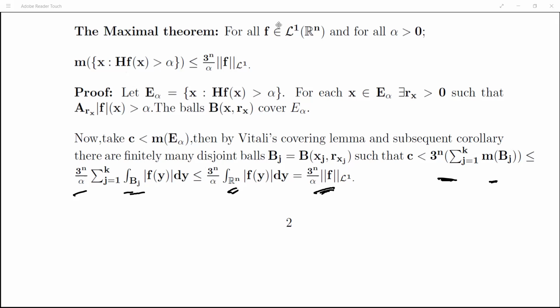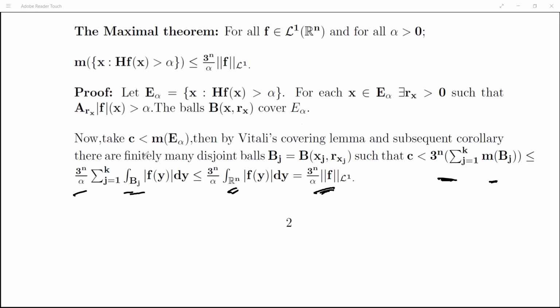Hello, Soumyadev. Yeah. So, are you assuming that this measure of E alpha is greater than 0? Or can this C be negative also? Yeah, let's say C is positive. This is my standard Lebesgue measure, so it's not a signed measure or something.